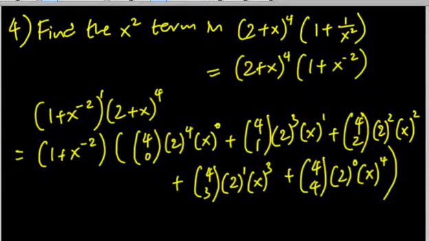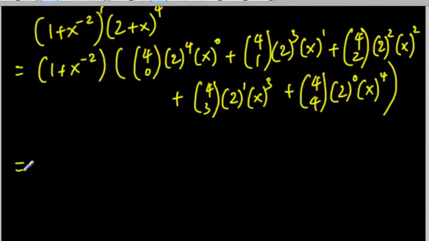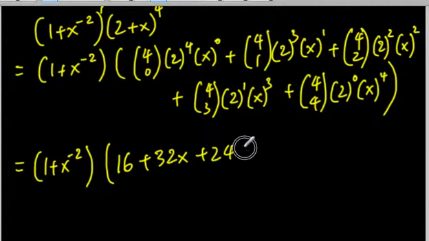I'm going to go a little further down, and this is still equal to 1 plus x to the negative 2. I'm going to do this in one step, though you can take several steps: this is equal to 16 plus 32x plus 24x squared plus 8x cubed plus x to the power of 4.